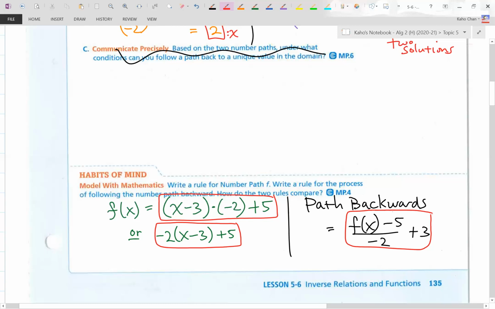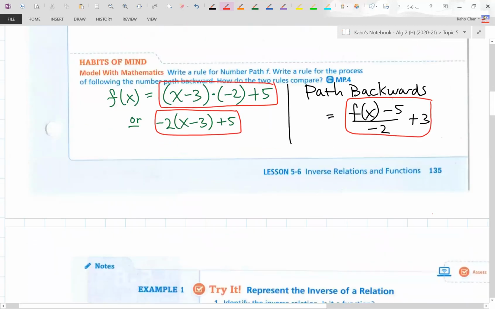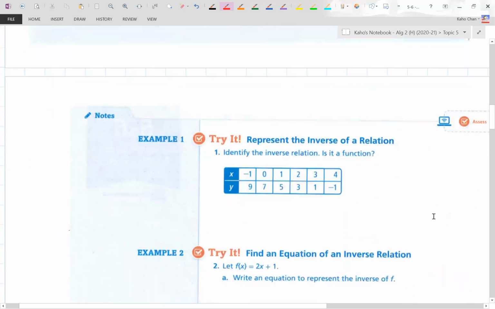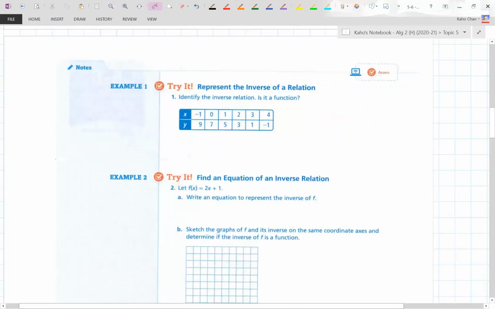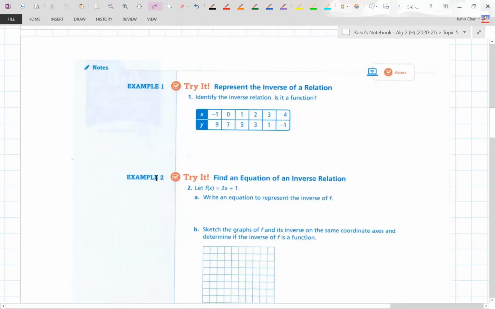Okay, let's try the next page. So guess what? This section is all about functions and their inverses. Something unique happens when you look at a function. Let's redefine this and remind ourselves what function means. A function is where every x value has a unique y value.